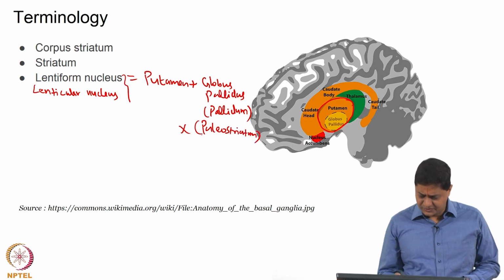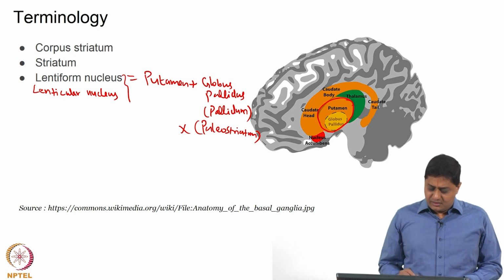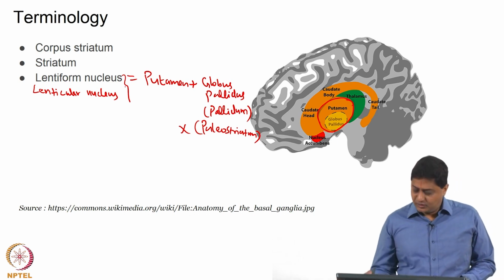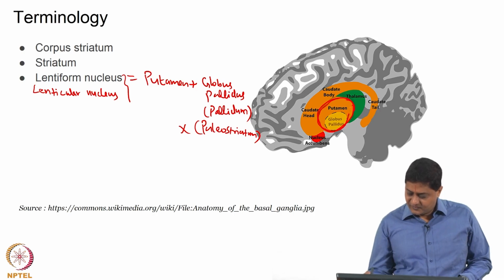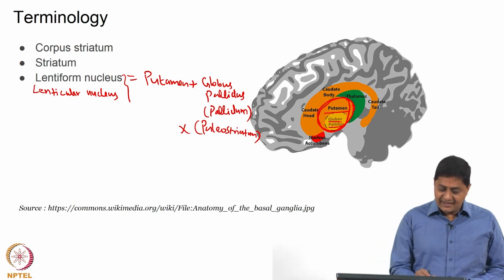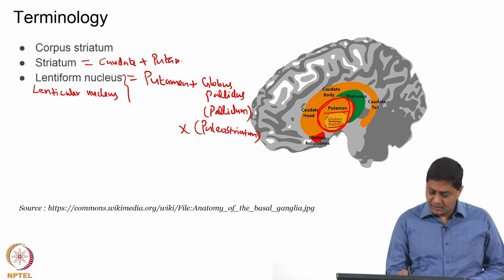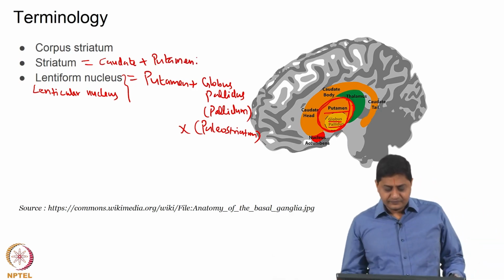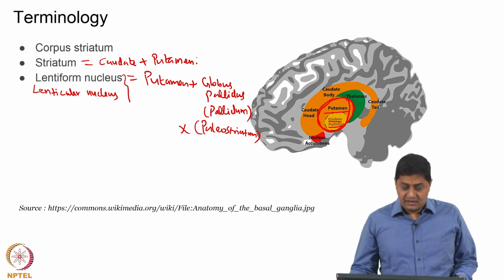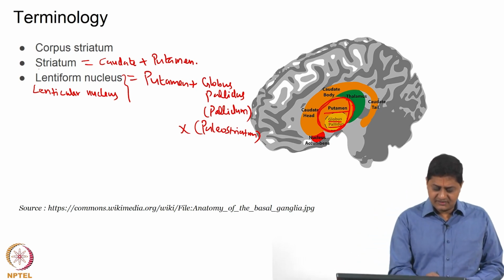This terminology is no longer used. Lentiform or lenticular nucleus is this, composed of putamen and globus pallidus. Striatum, on the other hand, refers to caudate and putamen. Caudate and putamen are striated, or they have similar cytoarchitecture and they perform similar functions, right. So, together they are called striatum.